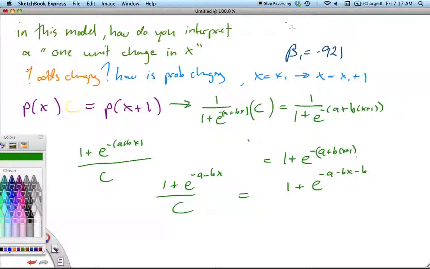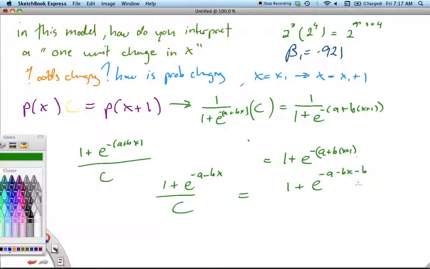Just as a little side note, 2 to the third times 2 to the fourth is equal to 2 to the seventh, or let's say 2 to the 3 plus 4.